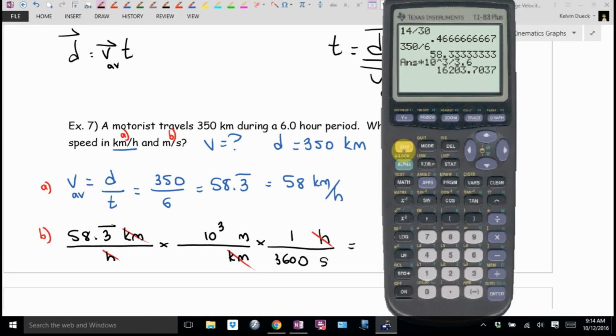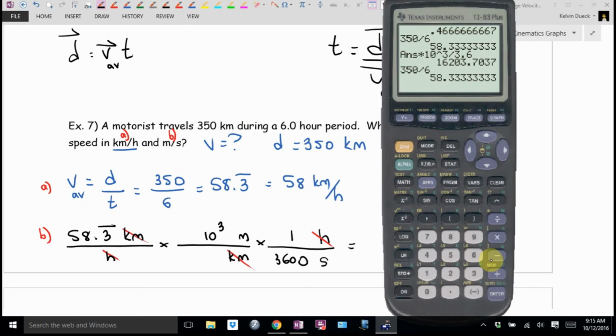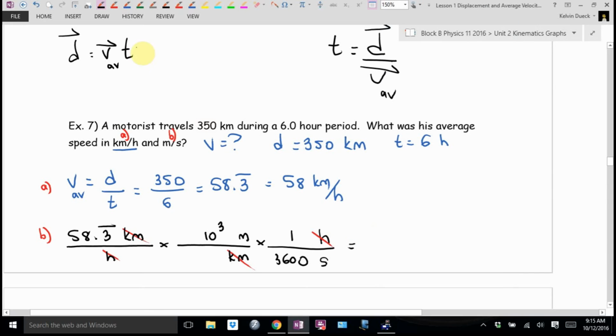Okay, I got to go back twice and fix this now. Let's try that again, Mr. Dewick. Got that stored on my calculator. I'm going to go answer button, times by that, divided by 3,600. Thank you. And I get 16.2. Yes? Or if I go to 2 sig figs, 16 meters per second.